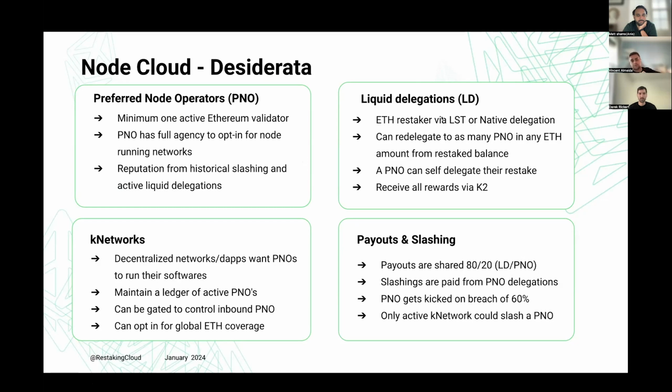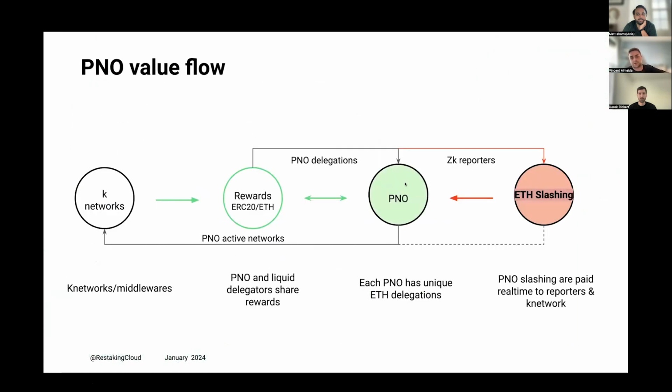Like I said before, the P&Os have the liquid delegation separation. So liquid delegators delegate to a P&O, but a liquid delegator never delegates directly to a K network. They delegate to a P&O, and that P&O can work for n number of K networks.